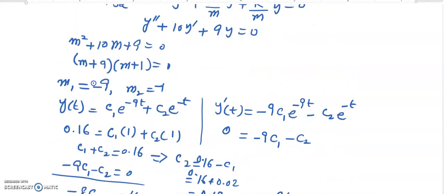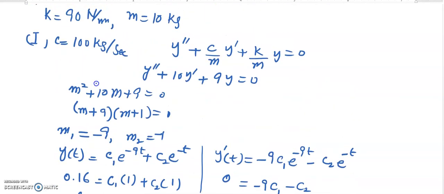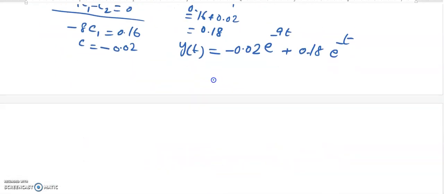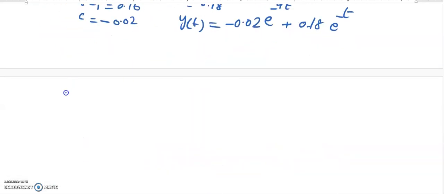The first part was with C equal to 100 kilogram per second. For the second part, C over M will change. So the second part, C is equal to 60 kilogram per second.